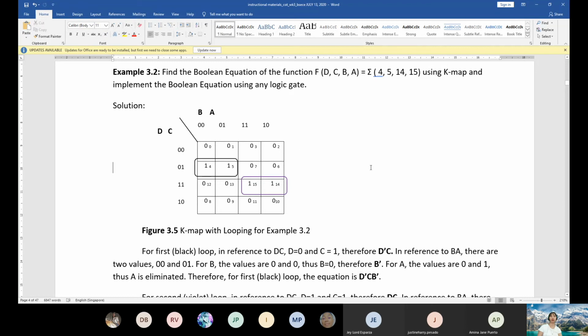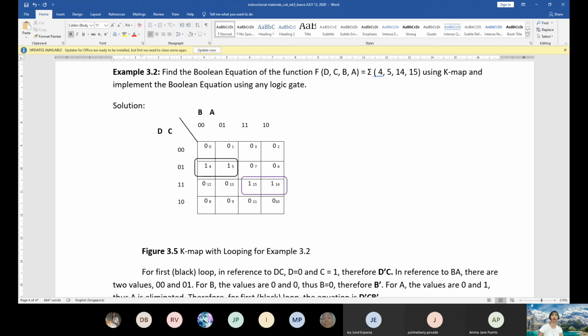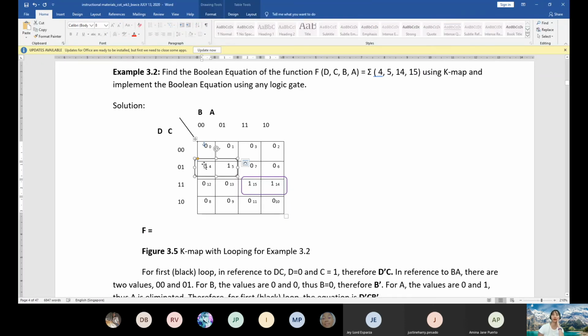So first loop. F is equal to, for the first loop, what color is this? Black. Okay, black loop. We only have one value for DC, which is 0, 1. Therefore, D is 0, C is 1.